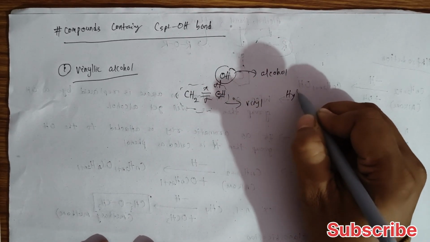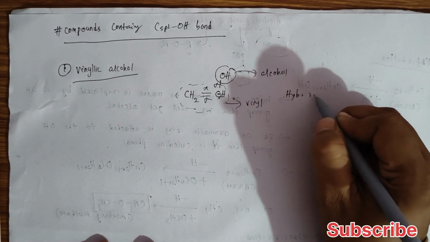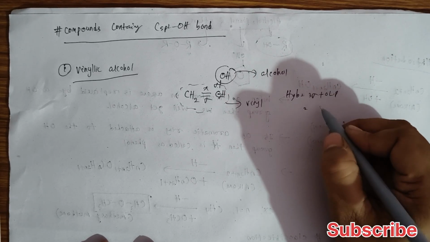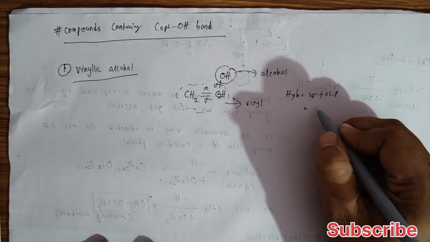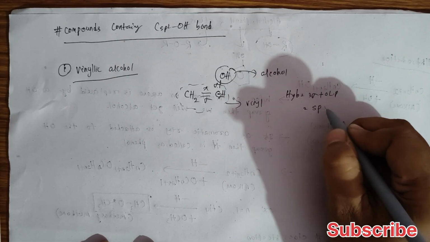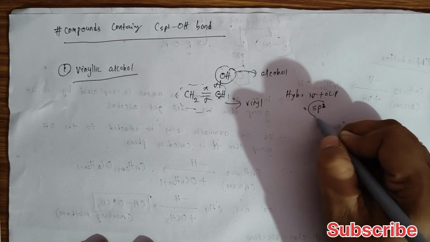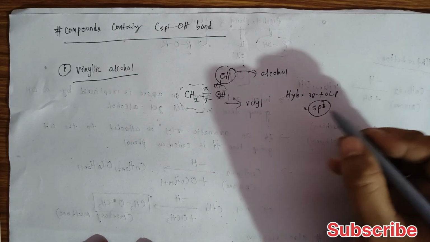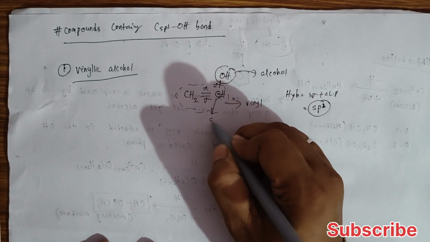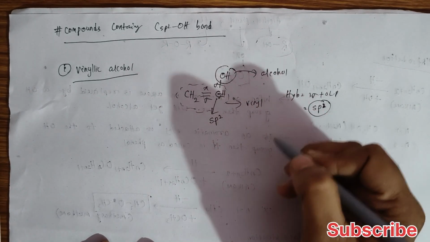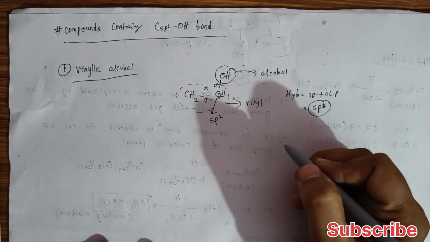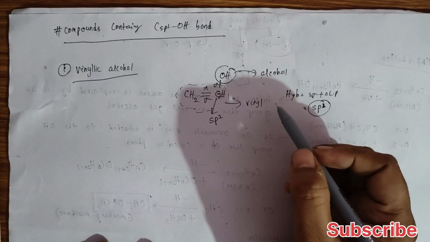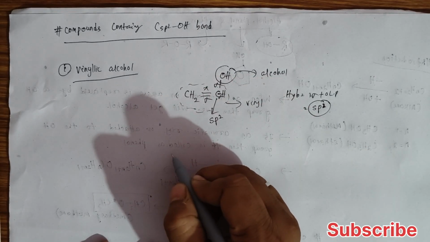So the hybridization is 3 sigma plus 0 lone pair. 3 sigma bonds means 3 orbitals mix with each other, and it performs sp2 hybridization. That means this carbon atom performs sp2 hybridization. Let us check again to clearly understand what vinylic alcohol is. Let us take another example.